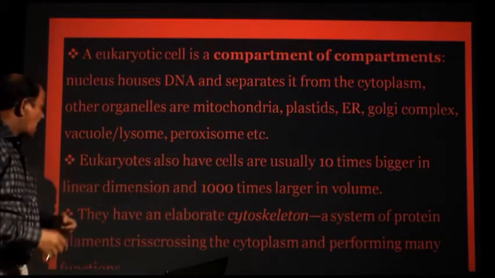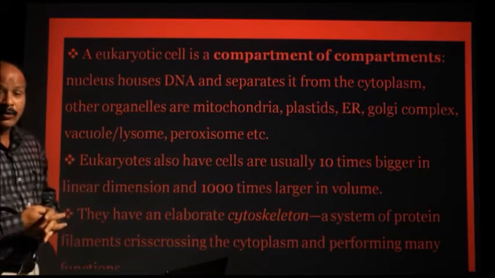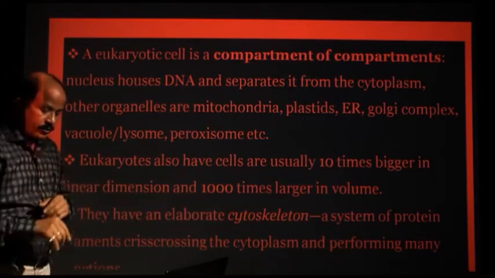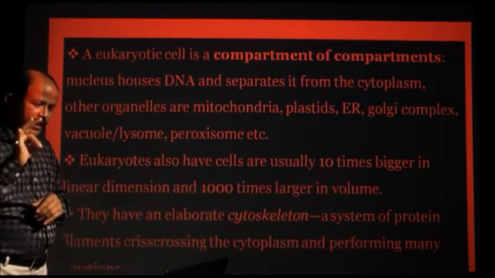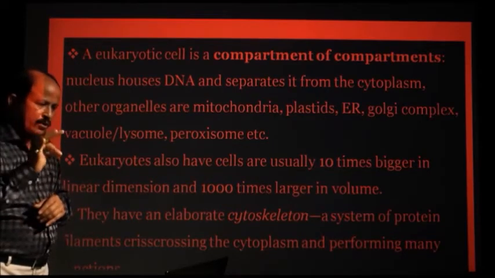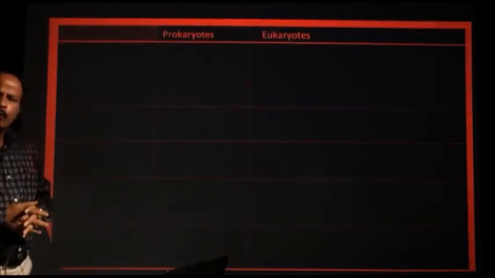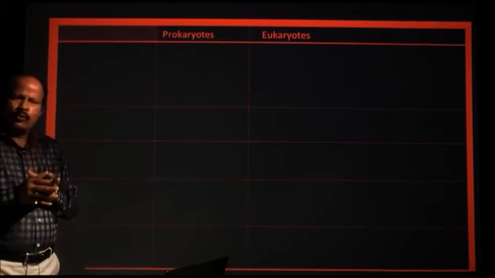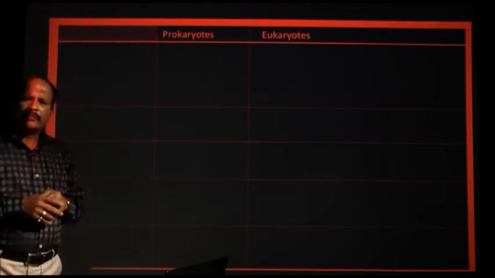They are actin filaments and microtubules. I will tell you later, but the cytoskeleton is a very significant feature of eukaryotic cells. In terms of size, prokaryotic cells range from 1 micrometer to 10 micrometer, and they are very small.